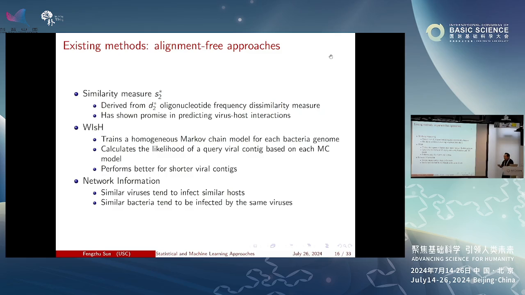Okay, so from there you have these two alignment-free pieces of information. Another information that we can use to predict the virus-host interaction is the following. Similar viruses tend to infect similar bacteria, and similar bacteria tend to be affected by similar viruses.